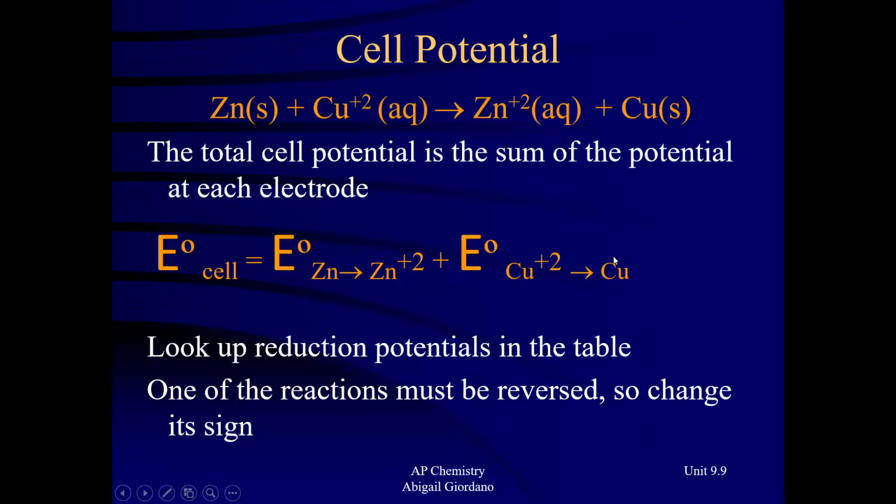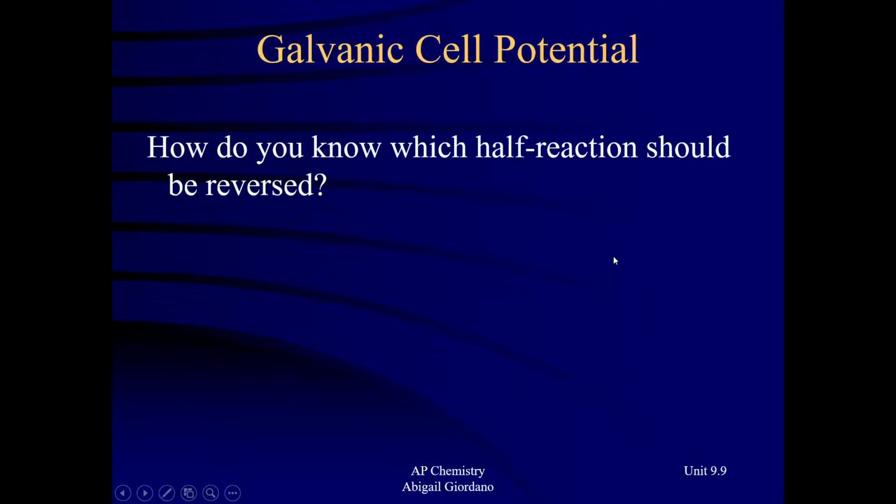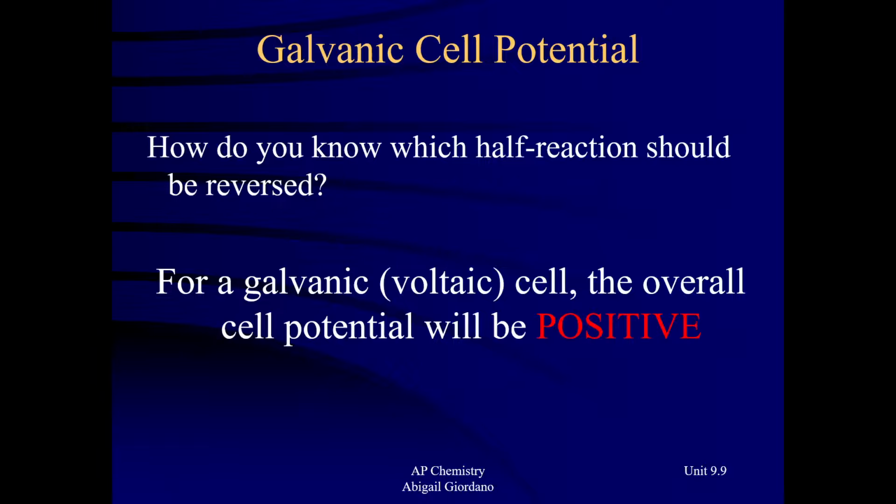So here's the question. How do you know which half reaction should be flipped around? Well, this is really important. This is one of the big take-home messages for today's lesson. If we're talking about a galvanic cell, remember galvanic is sometimes called voltaic, the total cell potential will always be a positive number.